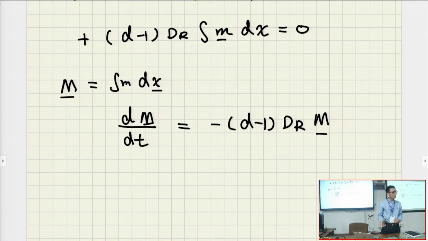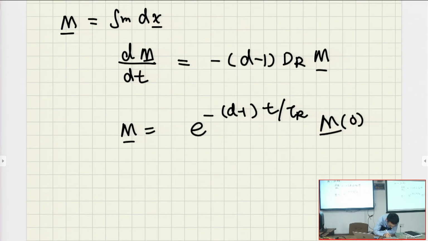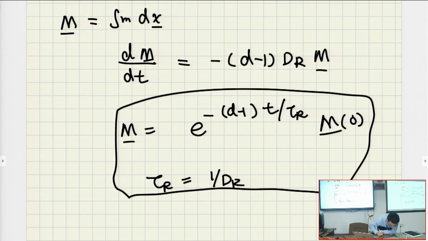That's a first order differential equation, and the solution would be exponential decay, where I've defined tau_r to be 1 over D_r, in relation to the propulsive force you're generating.